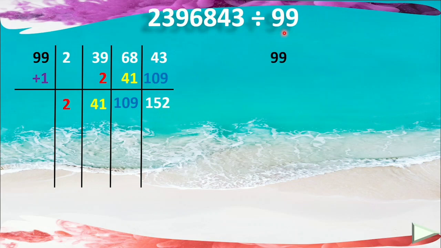As in 152 there are 3 digits, so again divide this 152 by 99. Go on writing from the right hand side and keep in mind that there should be two digits and 1 left. Now here write 1.